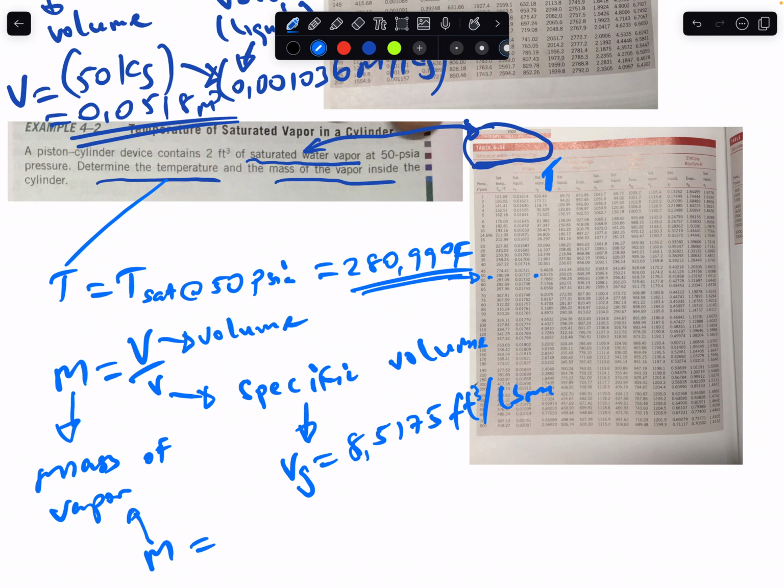And therefore, now I can solve for the mass of vapor, which becomes the volume, and I don't think you can see that clearly, it's 2 foot cube. Let me clean that.